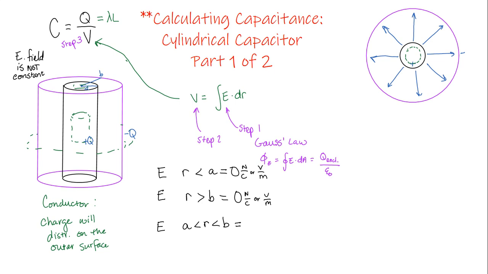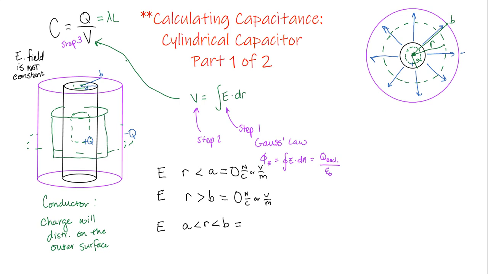So let's make the Gaussian surface again. Make our Gaussian surface at any point on the inside here, because then we can adjust the value of R. I'm going to call the radius of my Gaussian surface R. The radius of the inside one is A, the radius of the outside one is B. So my Gaussian surface, the Gaussian toilet roll, if you will, is the one that's in between the two, and that's the one that we're talking about now.